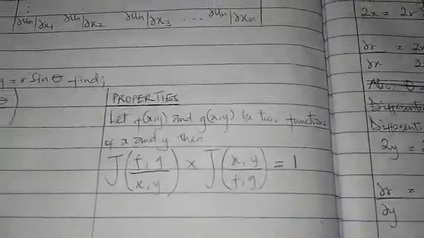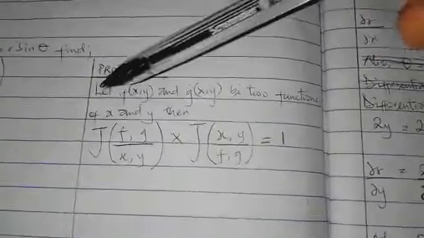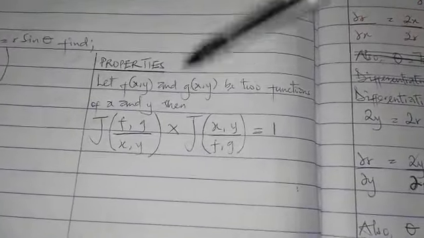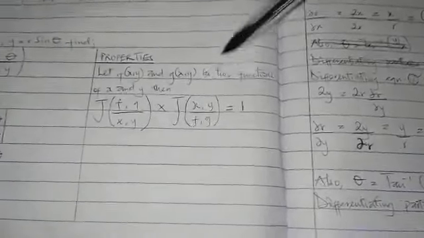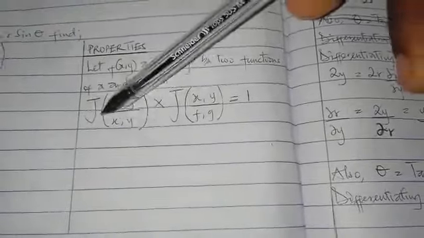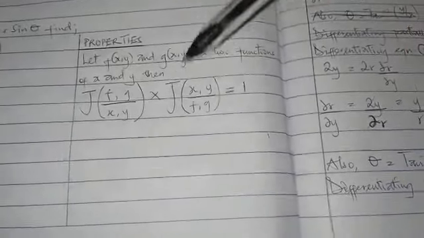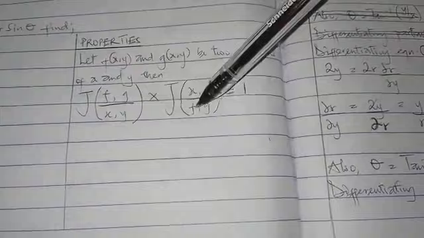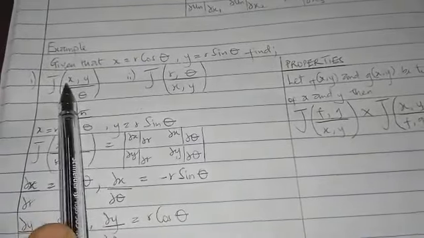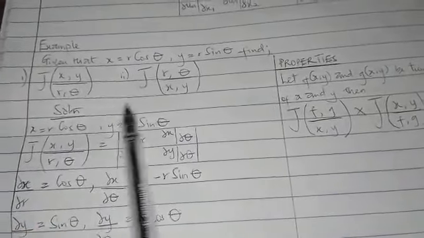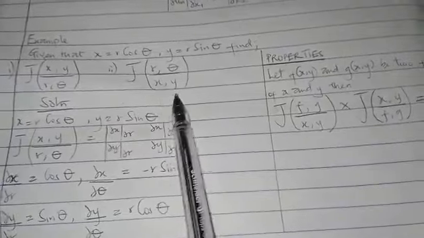So now here's the property of Jacobian. Let f and g be two functions of x and y. The Jacobian of f, g over x, y times the Jacobian of x, y over f, g is equal to 1. Now we did something similar: we did the Jacobian of x, y over r, theta and the Jacobian of r, theta over x, y.